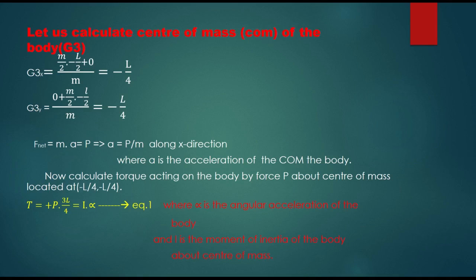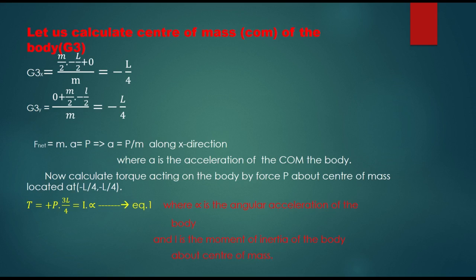According to Newton's second law, F net is equal to mass into acceleration, or m into a. Here a is the acceleration of the center of mass of the whole body and m is the mass of the body. That implies a is equal to P by m, acting along the x direction. Now we'll calculate the torque acting on the body by force P about the center of mass, which is located at minus L by 4, minus L by 4.